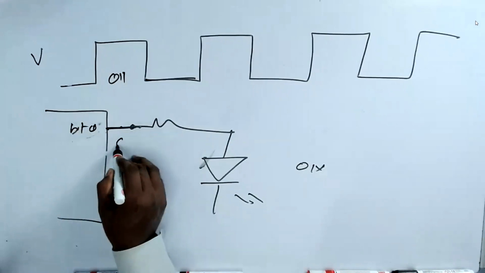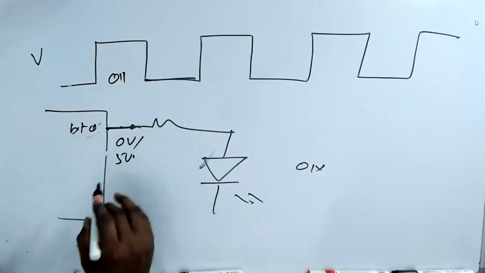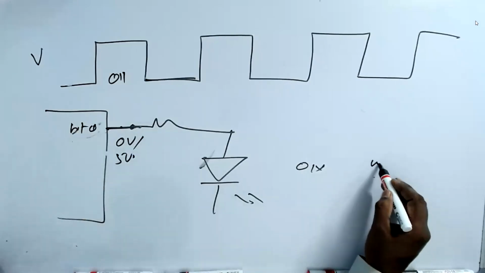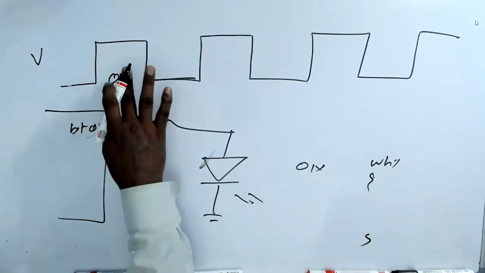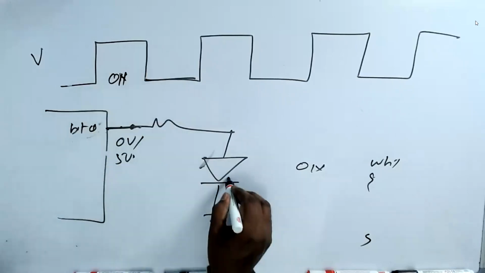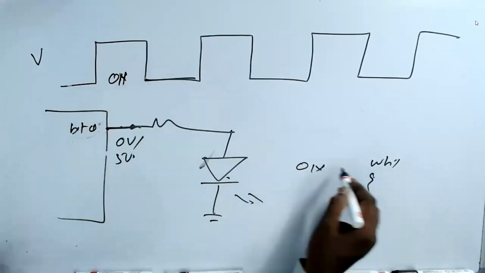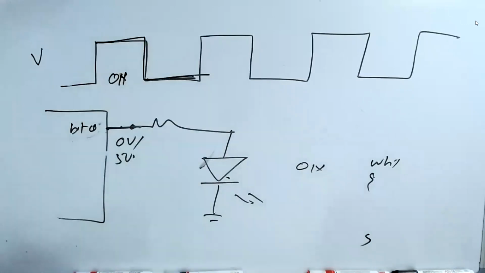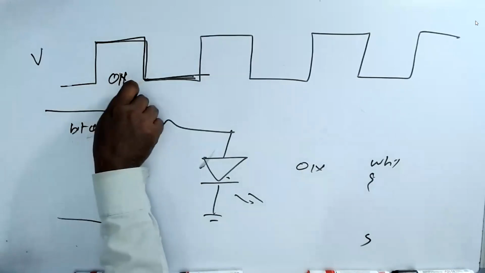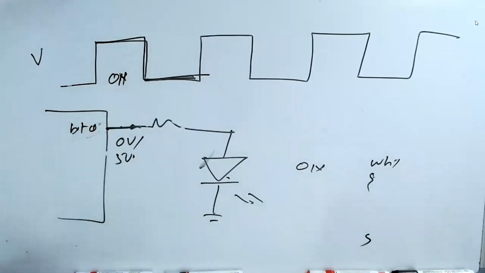You make it 0 volt and 5 volt by making a while loop. The trick here is, if it is on, the LED will glow; for this one, the LED will be off. But when you reduce the time of this, then what happens? You don't see the blink.